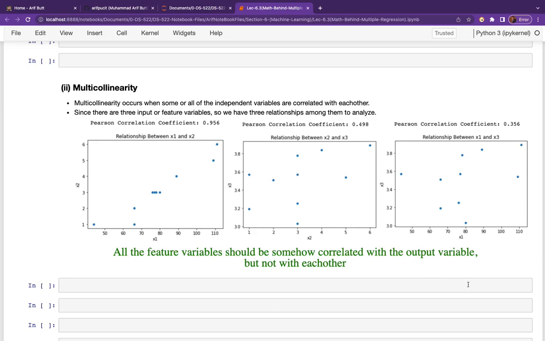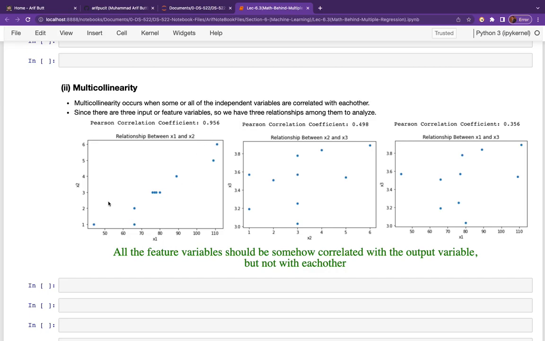So here are the three scatter plots. The left graph shows the relationship between x1 and x2. The middle graph shows the relationship between x2 and x3, and the right graph shows the relationship between x1 and x3. The left graph shows that there exists a linear relationship between x1 and x2 with a correlation coefficient of 0.956.